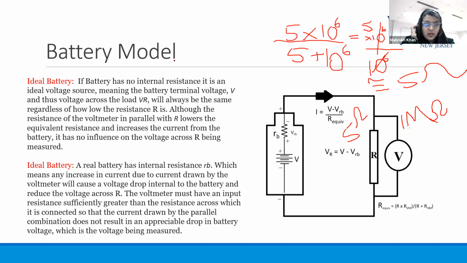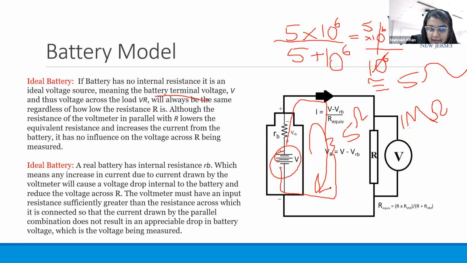So that is called the ideal battery. If a battery has no internal resistance, it is an ideal voltage source, meaning the voltage across the battery terminals will always be the same regardless of how low the resistance is. But in the real world, normally we think that if there is a voltage source and we reduce the resistance here, it will keep on increasing the current, right?